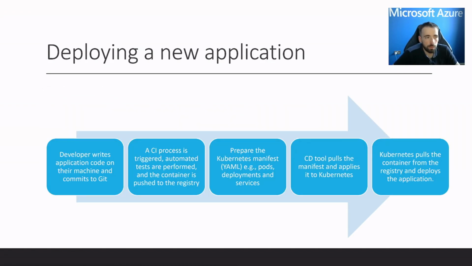So now I just want to run through a typical process that we might follow to deploy a new application to Kubernetes. So we're going to take the example of us already having a Kubernetes cluster, already running applications and containers on top of that cluster, and now we want to deploy a new application that we've developed alongside those other applications.